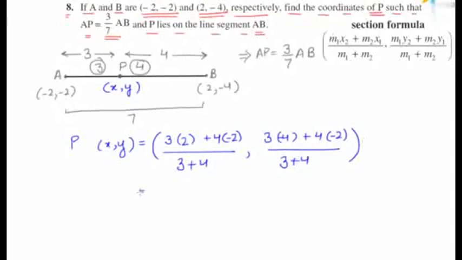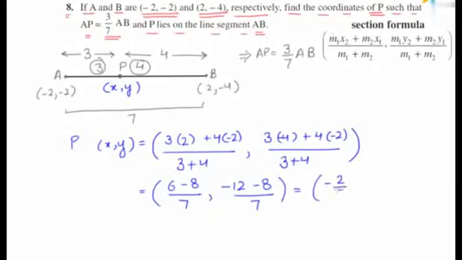So this comes out to be (6 minus 8)/7 comma (minus 12 minus 8)/7. So here we get minus 2 by 7 comma minus 20 by 7. So these are the coordinates of point P such that AP is 3 by 7 of AB.